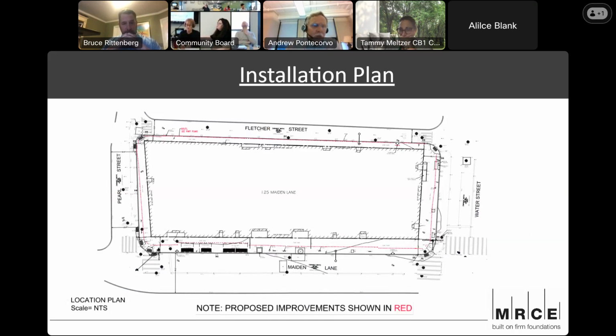I didn't share another drawing that we have prepared that is part of the DOT set. There's a maintenance and protection of traffic plan. In this instance, it is the pedestrian traffic that is maintained, and pedestrians are directed to the alternate side of Fletcher Street, the north side of Fletcher, the west side of Pearl, and the east side of Water.